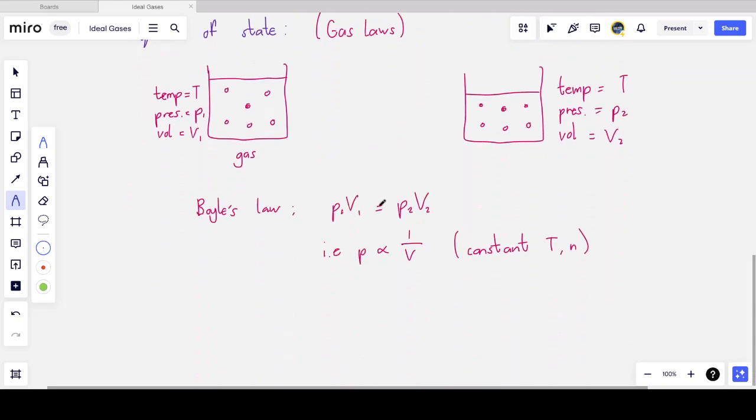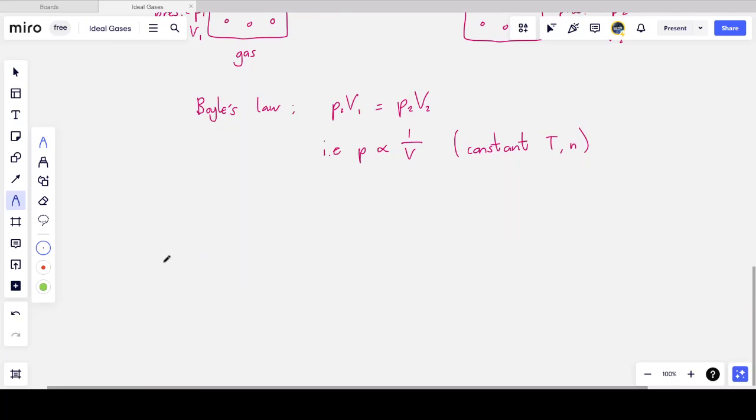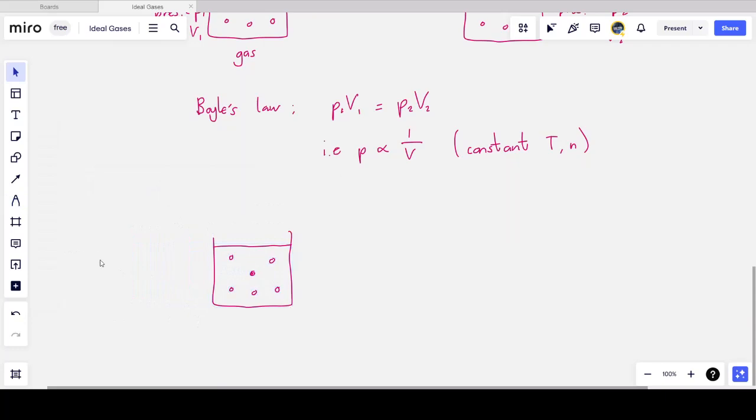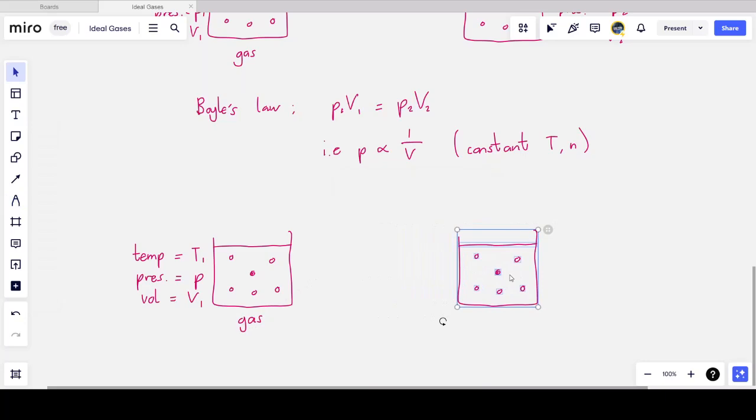Some of you may have seen this before, or it may be that in A-level you're seeing it for the first time. Let's take, magically I have my gas appearing. Now let's look at a case where I have a gas with temperature equal T1. The pressure of this gas is P, and the volume V1. Again, now specifically, you can see we're considering ideal gases.